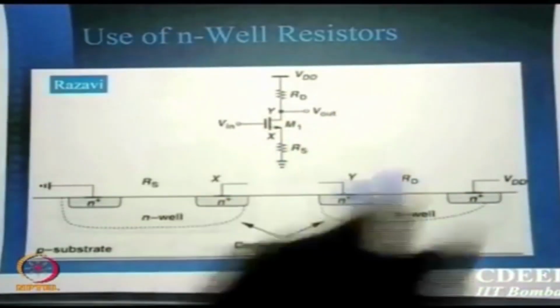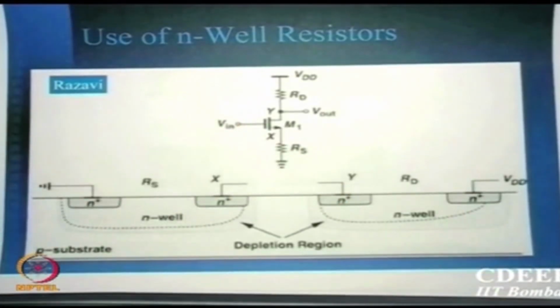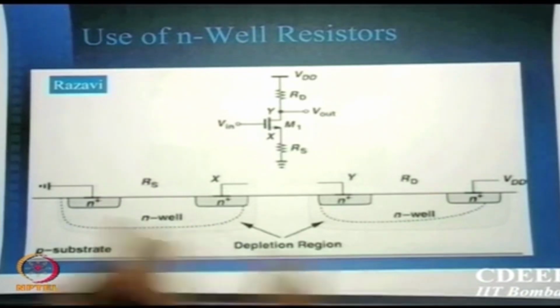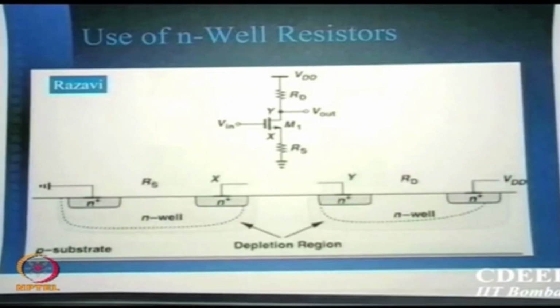So in an N well, if I make N plus contacts, the N well would have some sheet resistance, rho by t. So RS is known, this is my length, and there is a width inside this. So L by W into RS is the resistor value. So by adjusting this length and the width, I can decide how much resistance I want.